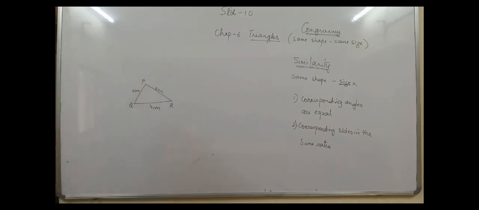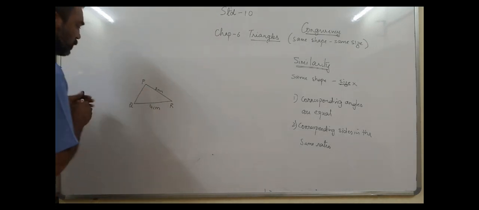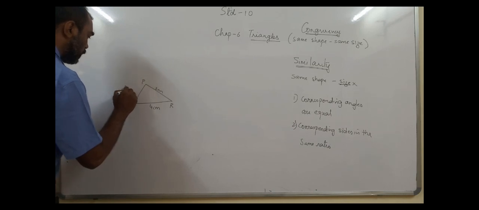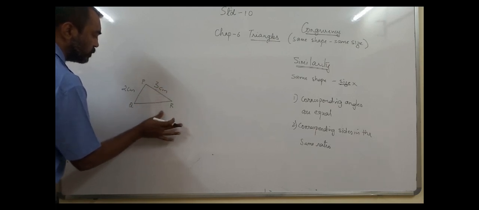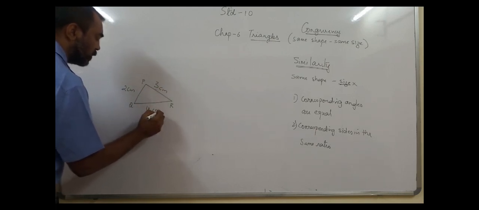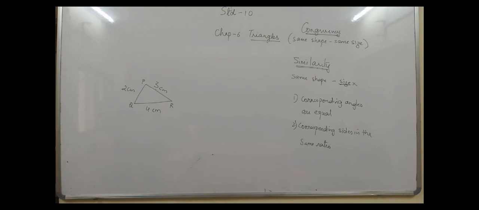This is a rough number, it is not to scale. Don't go to accuracy, just understand the idea. If you cannot see, I'll write it a little bigger. This is 2 centimeter, this is 3 centimeter, and this is 4 centimeter. Now let us zoom this figure.